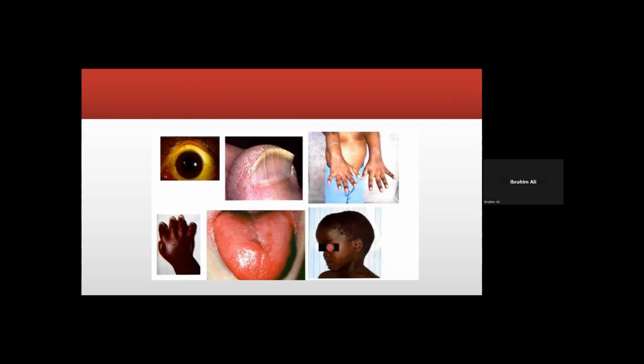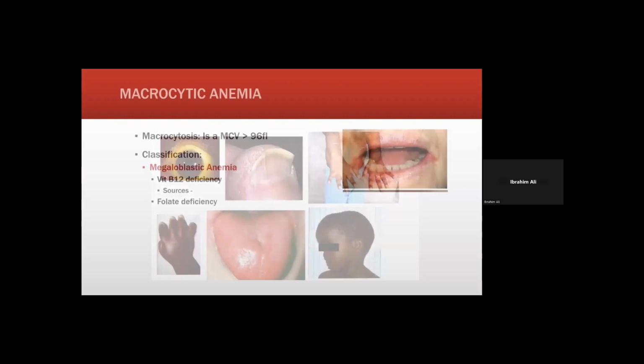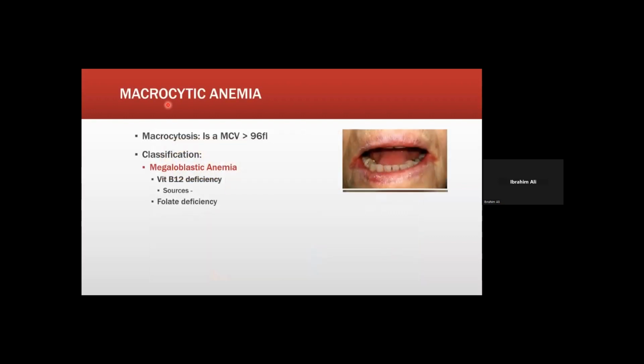So our next topic is macrocytic anemia. Macrocytic anemia is when we have our mean corpuscular volume, that is MCV, more than 96 femtoliters, but some books say 100 femtoliters.